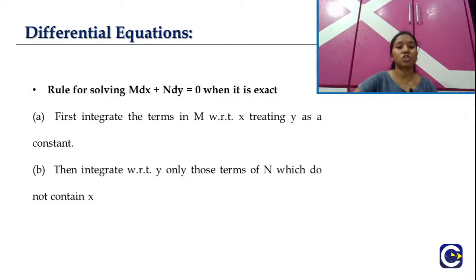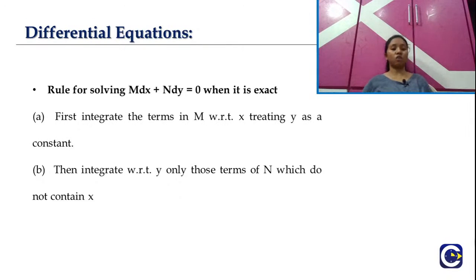So how will we be solving this exact differential equation? There are a few steps we have to follow in order to solve it. Let's have a look at these steps or rules for solving the exact differential equation of the format capital M dx plus capital N dy equal to 0.